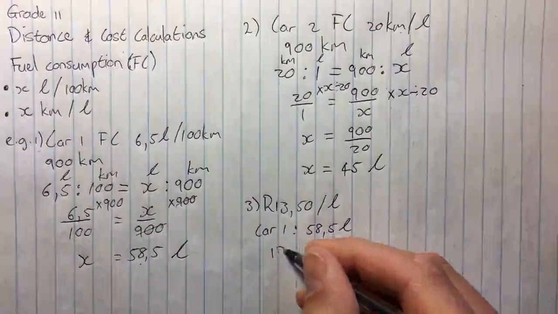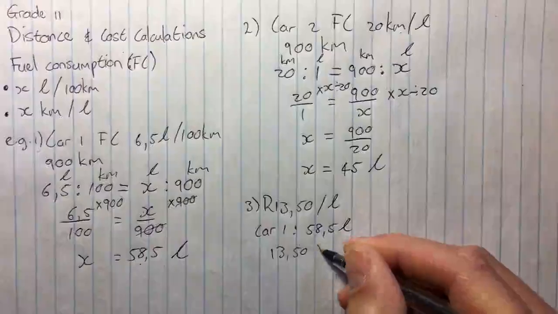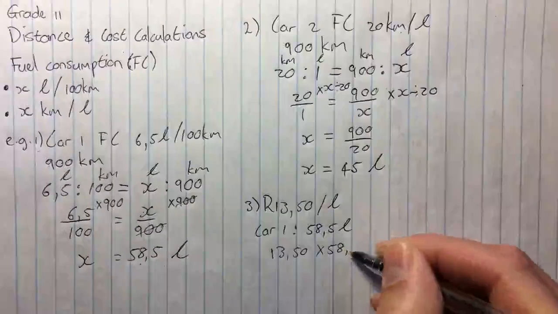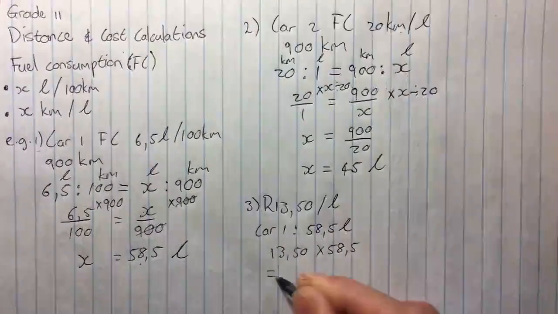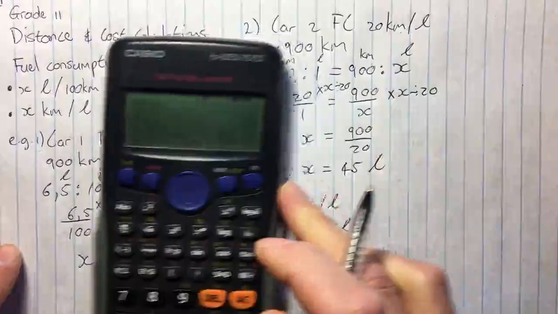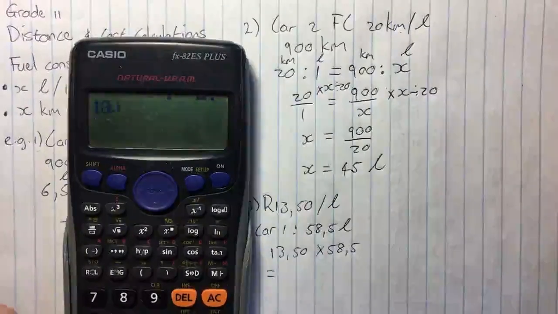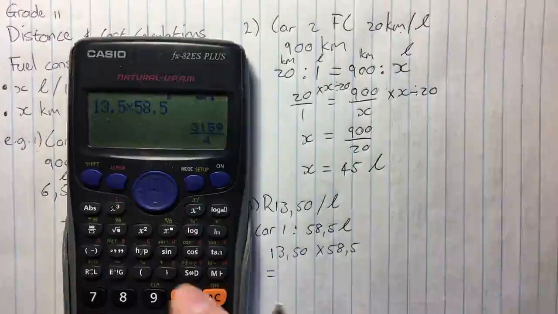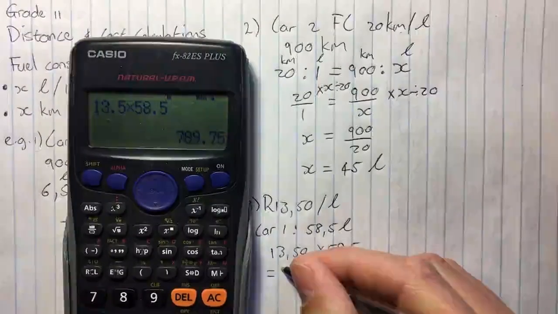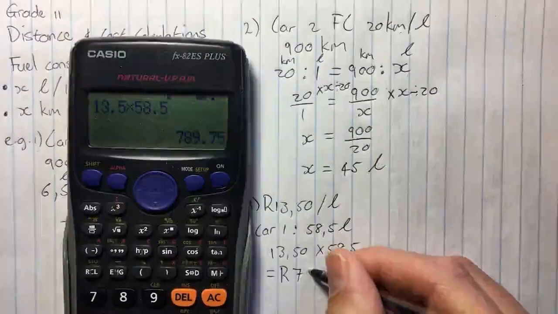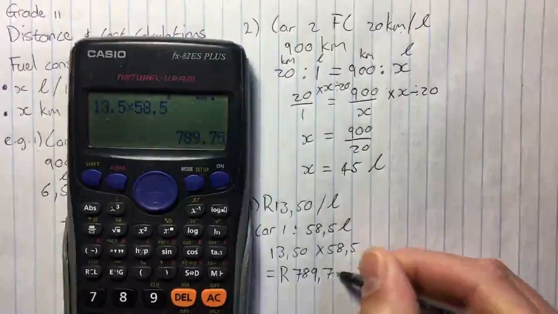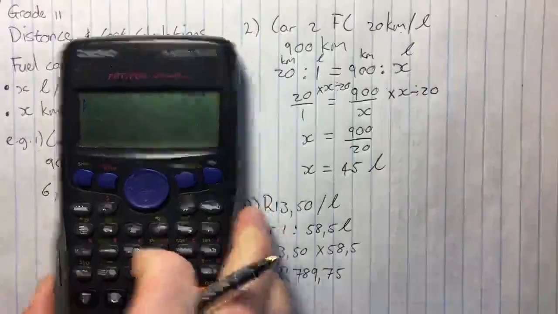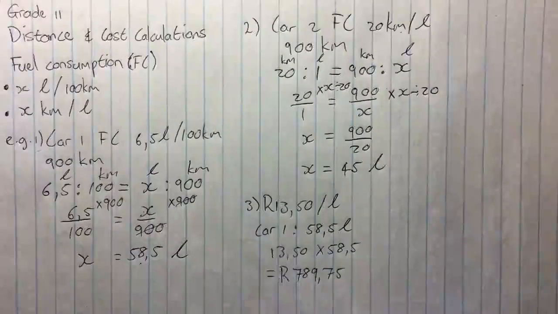So the calculation is 13 Rand 50 times 58.5, and if we type that into the calculator, we have 789 Rand 75. Okay, that's the cost to drive 900 kilometers for car 1.